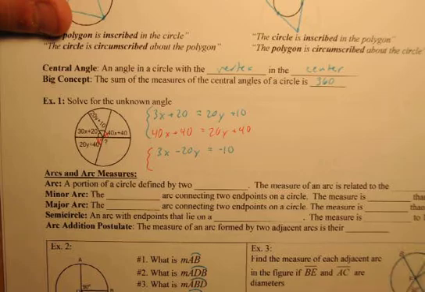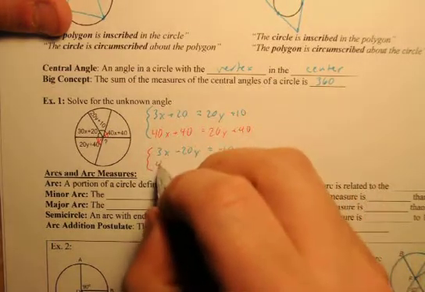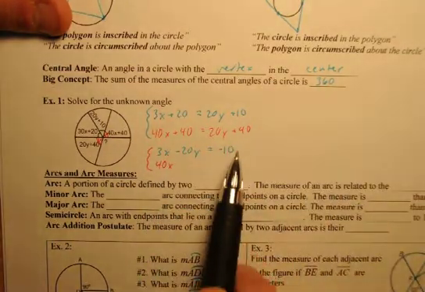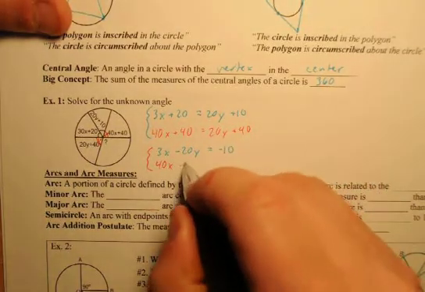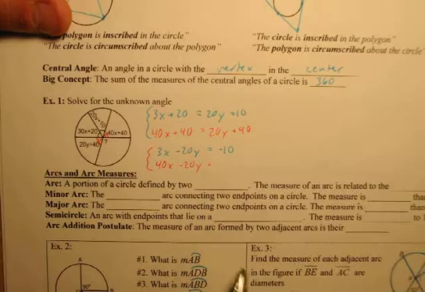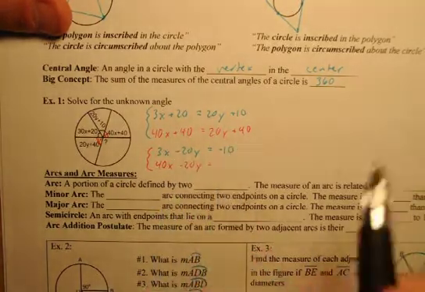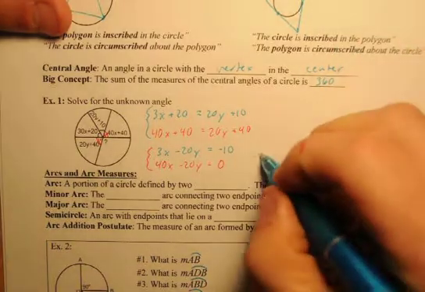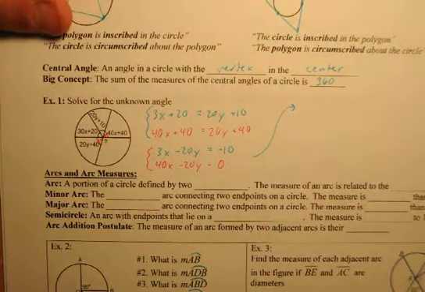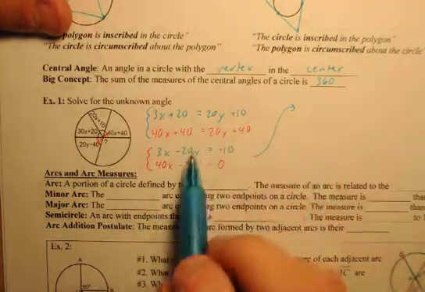For the bottom equation, we've got 40x, and we're going to subtract 20y, and subtract the 40, which makes this 0 on this side. Alright, and we're nicely lined up here.